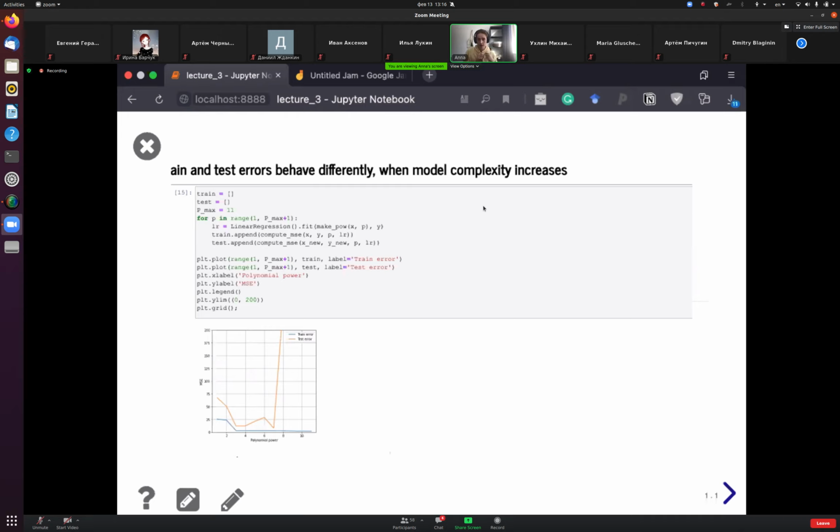That means that when the model is very, very simple, it's not capable of capturing the complexity that we need, that is, the nonlinear dependency between x and y. But then at some point, when the power becomes too large, this test error just jumps to infinity, and I had to crop the plot so that we can see at least something on it.